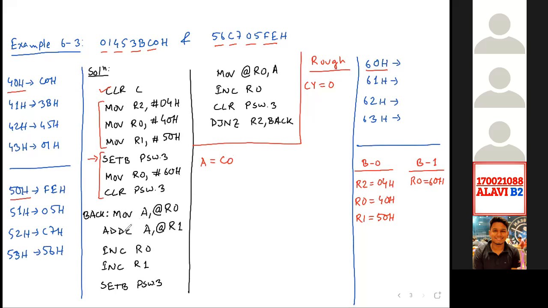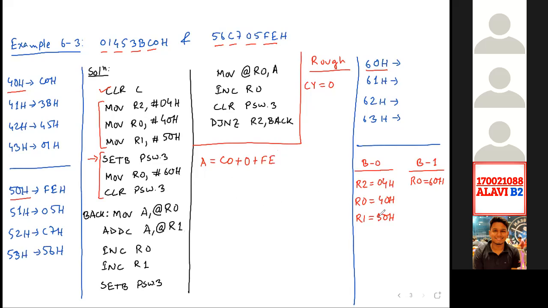Very simple. Then we are writing ADDC accumulator, at the rate R1. That means with the accumulator, C0 will be added with the carry. So what is the value of carry in this particular line? 0. So 0 will be added with at the rate R1. So what will be the other number? FE. Exactly. FE. How we found out? We go to R1.